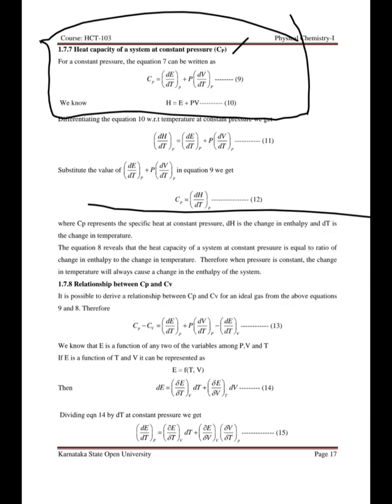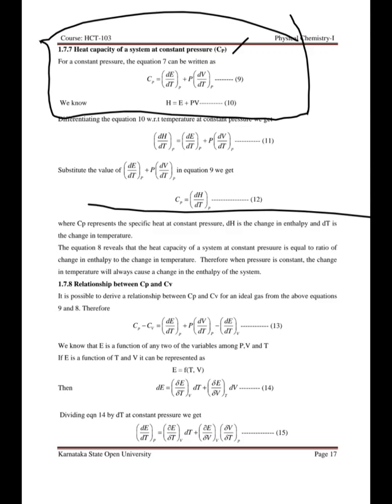We should know the difference between delta H and H. H represents the enthalpy, and delta H is the change in enthalpy. Similarly, T represents temperature, and delta T represents the change in temperature. This is the difference between delta and normal variables.